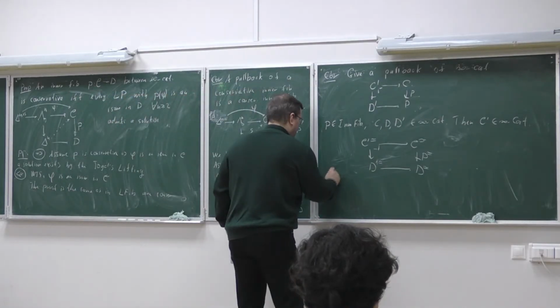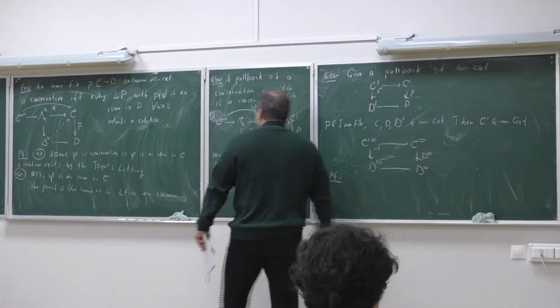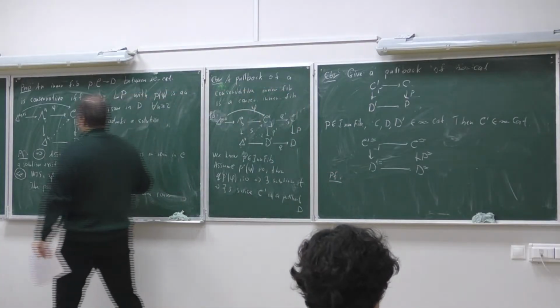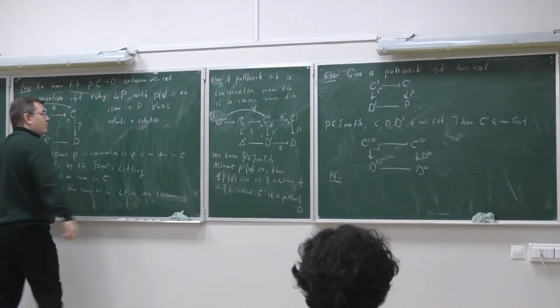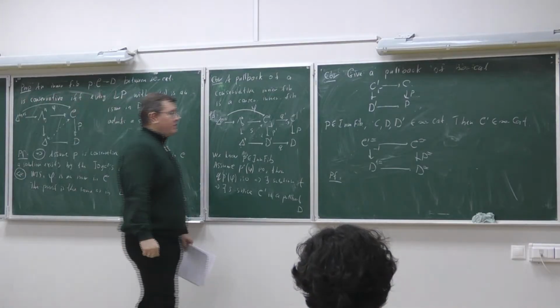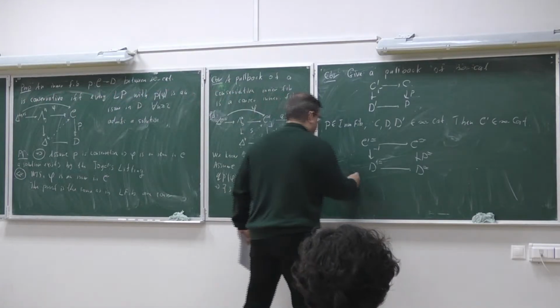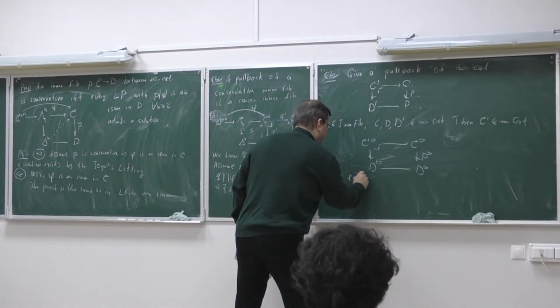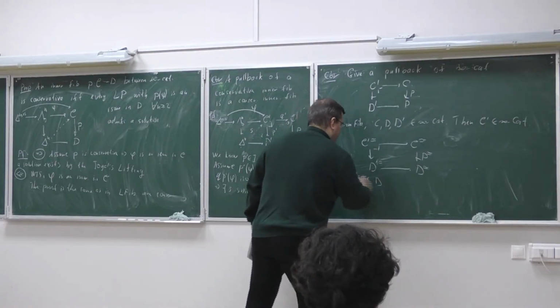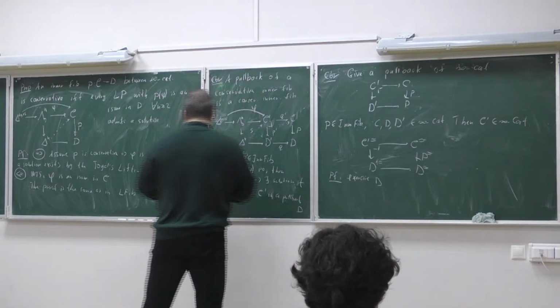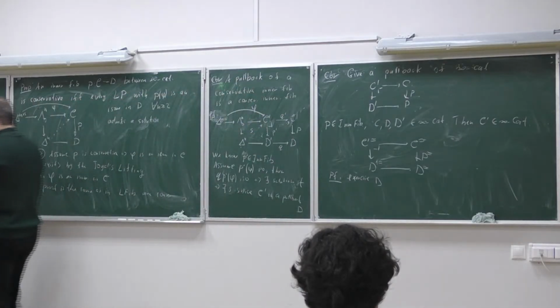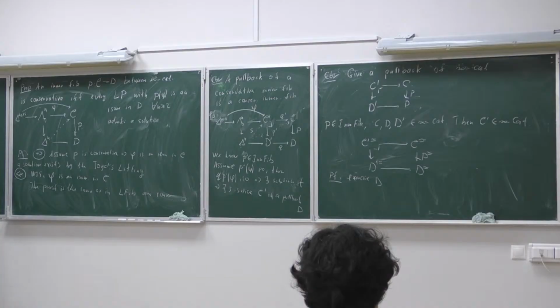The proof is another exercise on applying Joyal's criterion, or you can apply this proposition. I think it's even easier if you directly apply Joyal's lifting theorem. So anyway, that's an exercise. These are some simple properties of conservative functors, which you can derive from Joyal's lifting theorem.